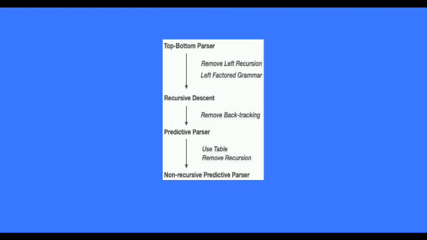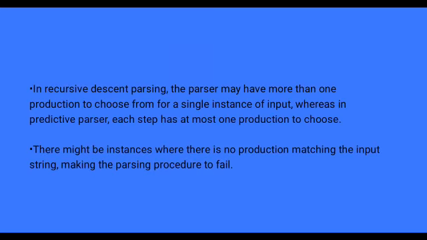Between recursive descent and predictive parser, you have to remove the backtracking. And between predictive parser and non-recursive predictive parser, use a table and remove recursion. This is about the different rules you have to follow between the different levels.